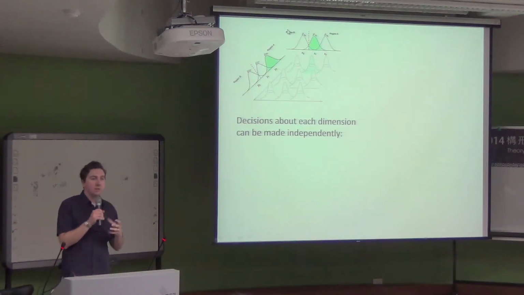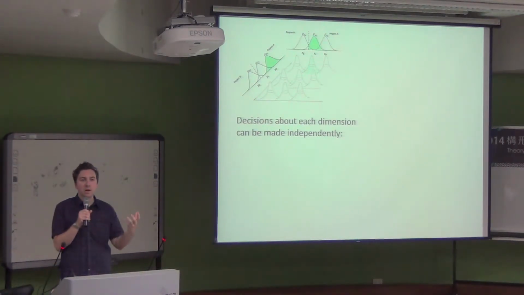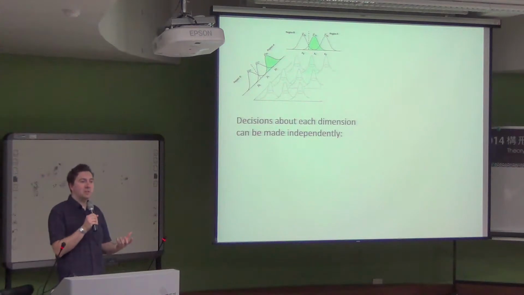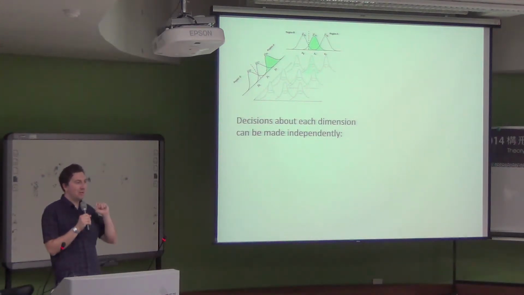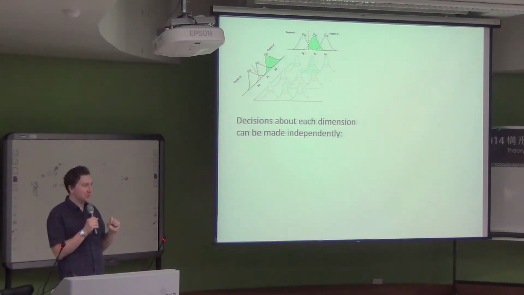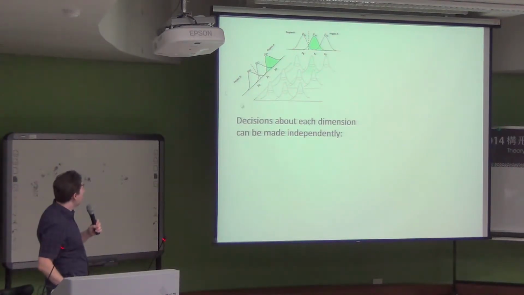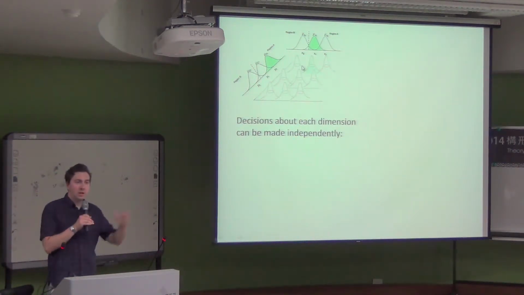So Jim talked about a lot of different possibilities and ways in which you could violate assumptions of perceptual independence and perceptual separability and decisional separability. I'm going to make things really easy for you guys and just assume that we have perceptual independence, perceptual separability, and decisional separability. So I'm going to assume that each of our stimuli here, represented by these bivariate normal distributions, all line up with each other.